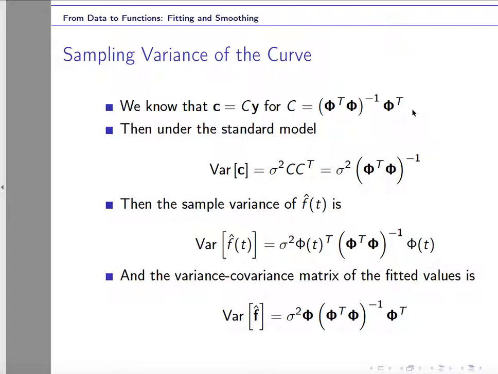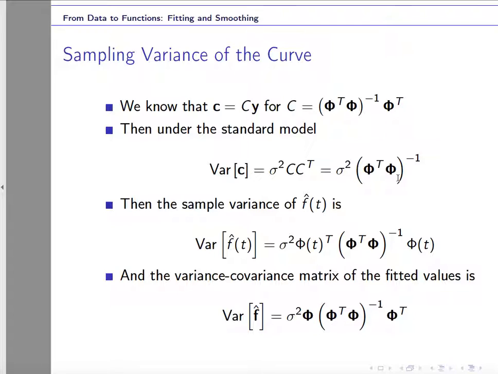Then the variance of c hat is equal to sigma squared times C times C transpose. And by doing the matrix multiplication, you can show that C times C transpose is actually equal to phi transpose phi inverse.